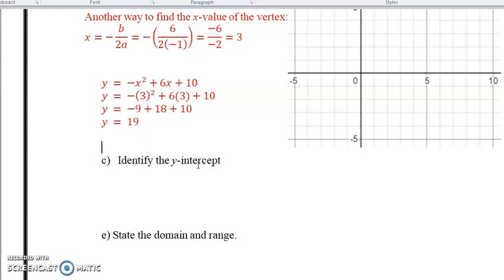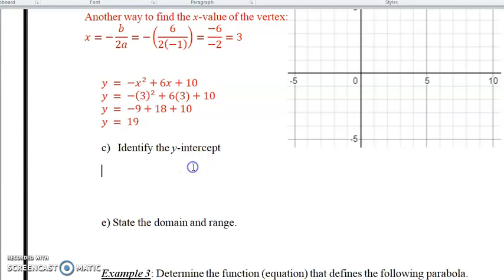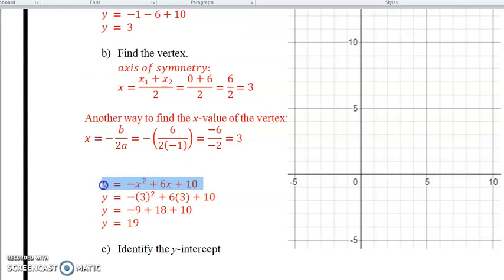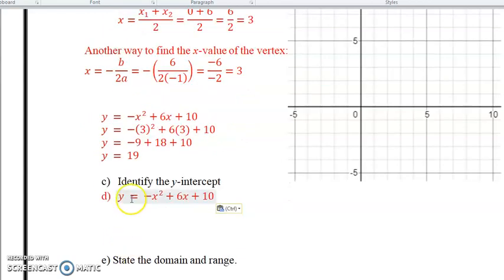It says identify the y-intercept. The y-intercept is easily identified. Remember, if it's in this form, if you're finding the y-intercept, you let x equal 0. So we just plug in zeros anytime we see x.